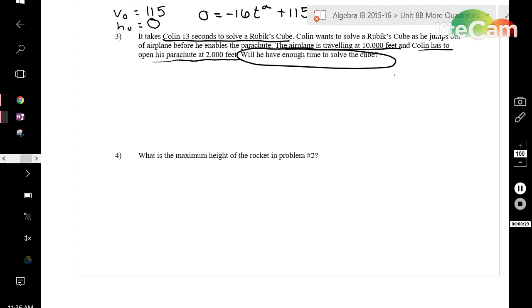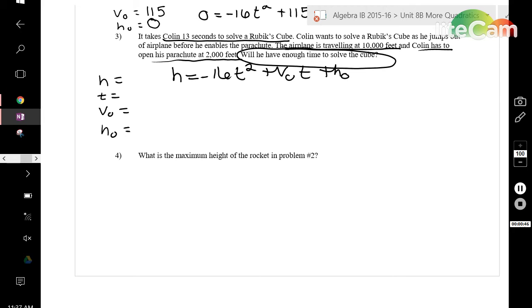So again, we always start off with the same equation. And we have to figure out what variables we know, and what variables we need to find. In this problem, it says that the airplane is traveling at 10,000 feet.